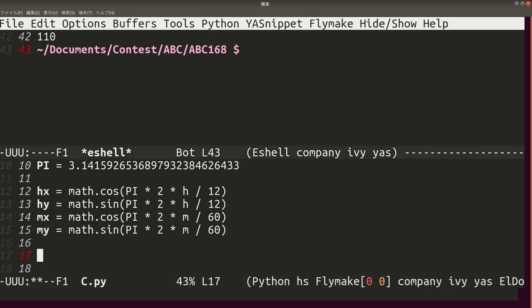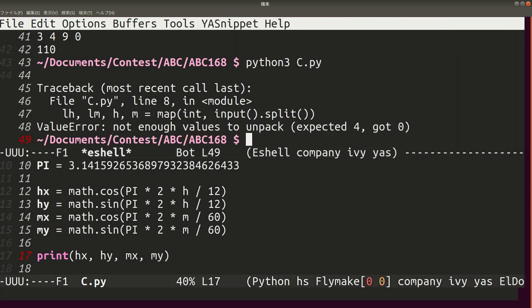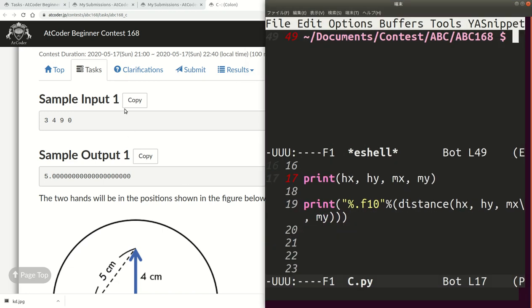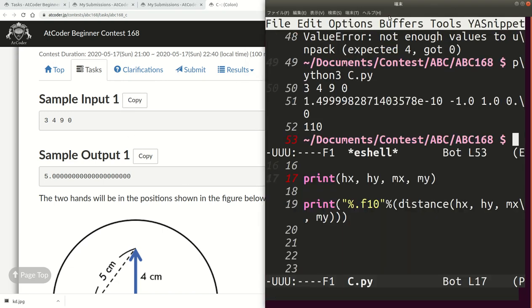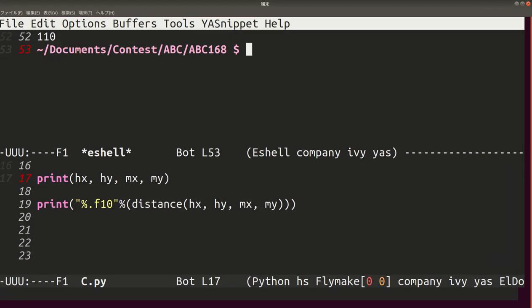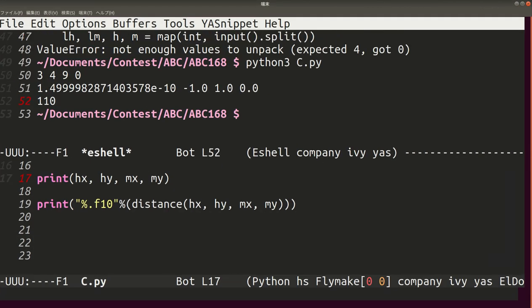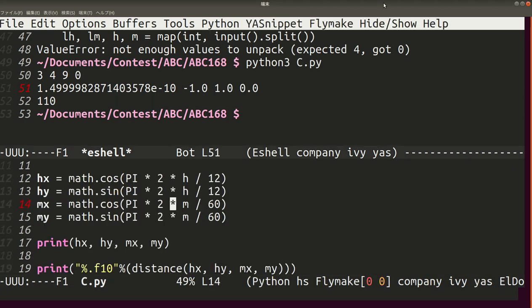Okay, let's print hx and hy, mx, and my. And 3490. Let's copy this and just paste. So 0 minus 1, 1, 0. Really?